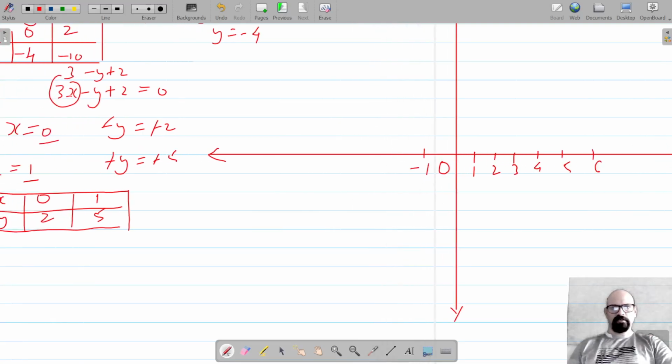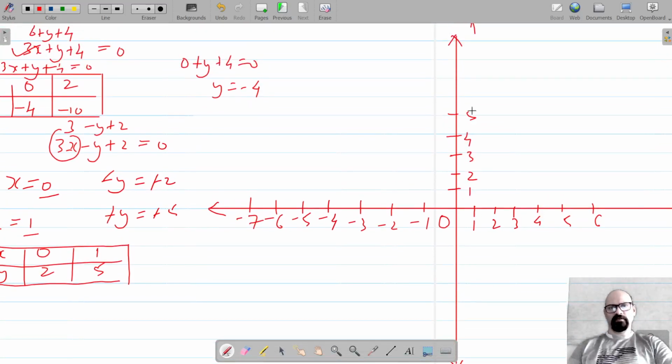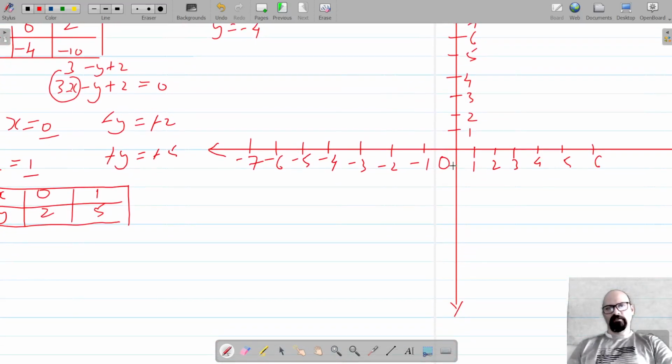My negatives are negative 1, negative 2, negative 3, negative 4, negative 5, negative 6, and negative 7. On the other axis, this is 1, 2, 3, 4, 5, 6, 7, and 8, and this is negative 1, negative 2, negative 3, negative 4, negative 5, negative 6.